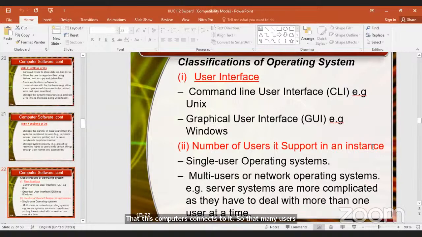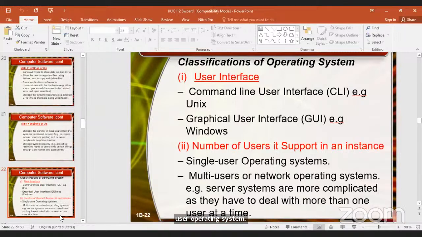So when it comes to server systems, for example in the evening when you'll be doing a CAT, all of you will be accessing that operating system concurrently. So that's a multi-user operating system.